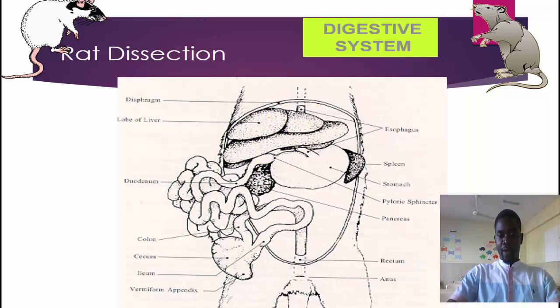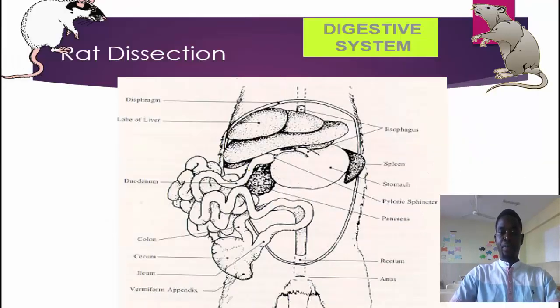As I said before, we have the liver, the esophagus, and many other structures responsible for digestion. After you have dissected your rat, as per the procedures in my videos, you will be able to display it. After displaying it, you need to draw your diagram. I recommend this diagram, which is very simple to sketch, showing the digestive system of a rat.